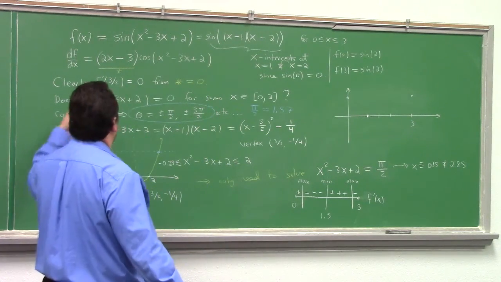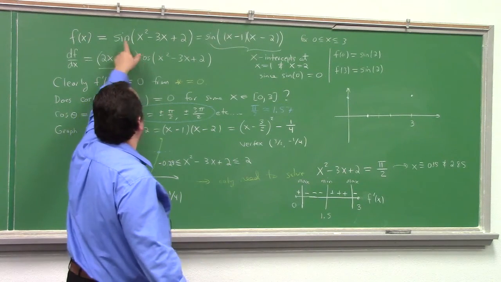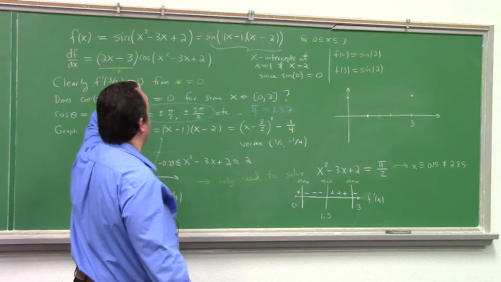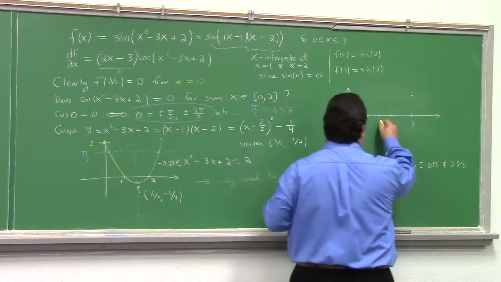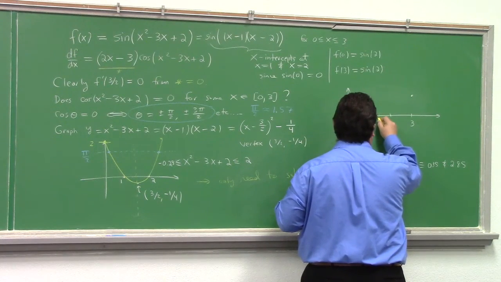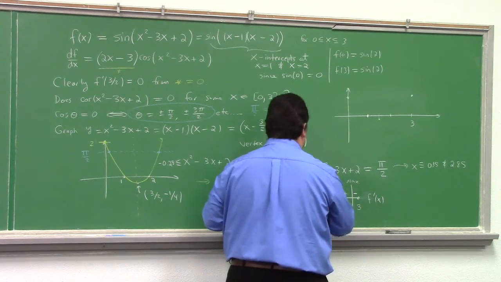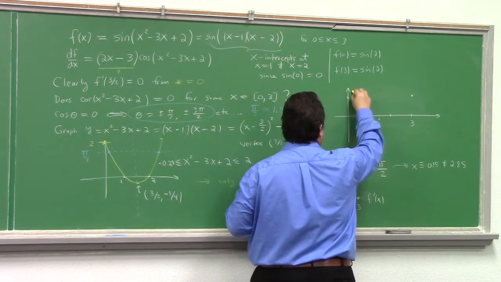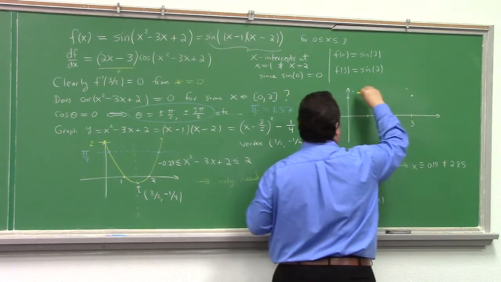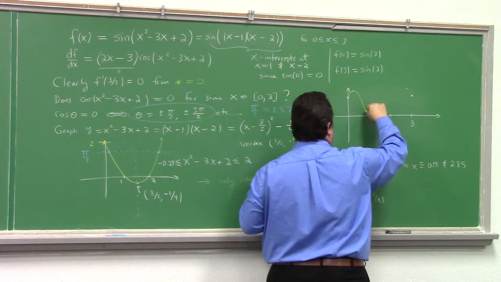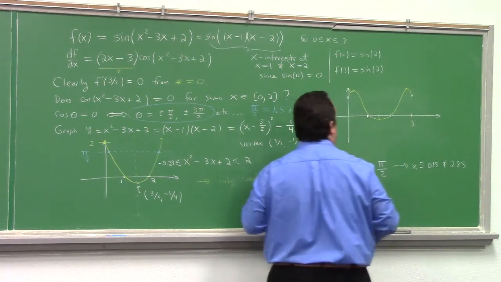So you're looking at cosine of minus 0.25 times sine of minus 0.25, which is negative, but it's about minus 0.25 actually. So that local min is like here-ish. It's got a local max at 0.15. It's got another local max over here at like 2.85. So it looks something like that.